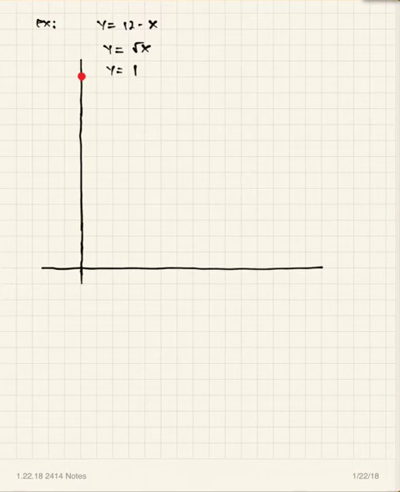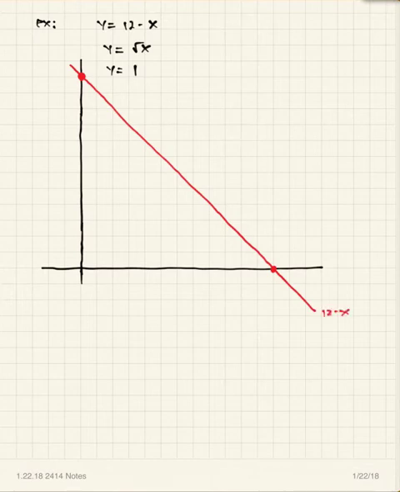And then the x-intercept, when x is 12, y would be 0. 1, 2, 3, 4, 5, 6, 7, 8, 9, 10, 11, 12 is right here. And so here's the line, like this.